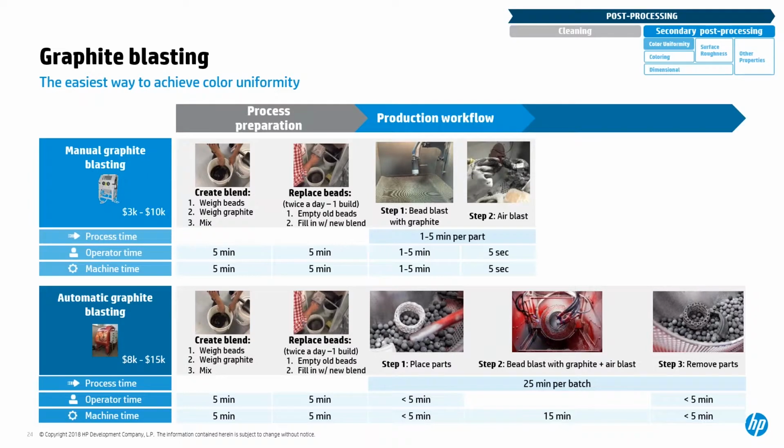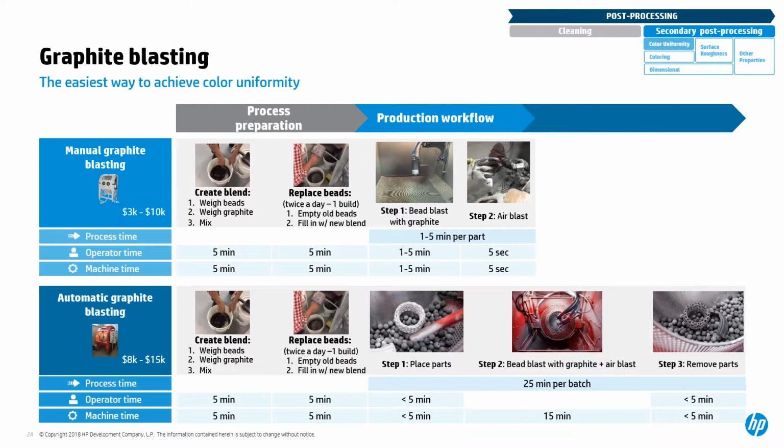And if we look into the workflow, graphite blasting is a process that is very similar to bead blasting. Therefore, you can process your parts in a manual or an automatic bead blasting cabinet. The way to introduce the graphite is to mix it together with the glass beads and load it as in a normal bead blasting process.